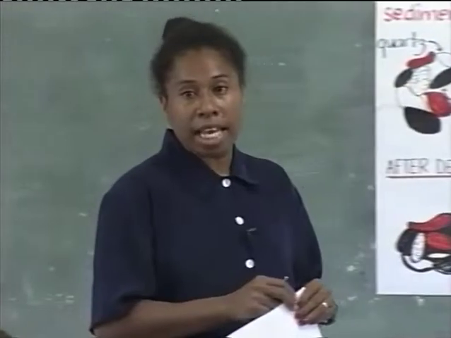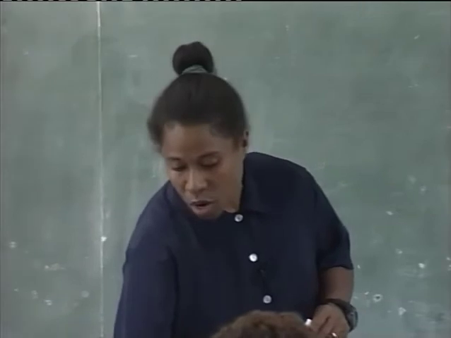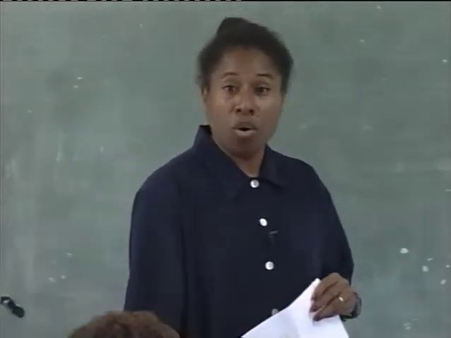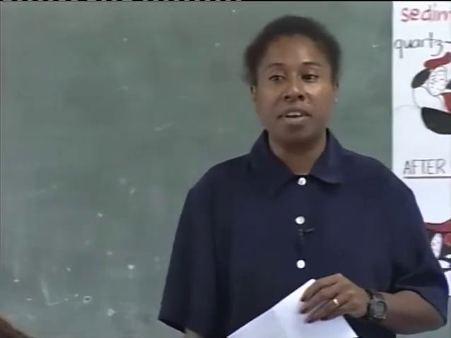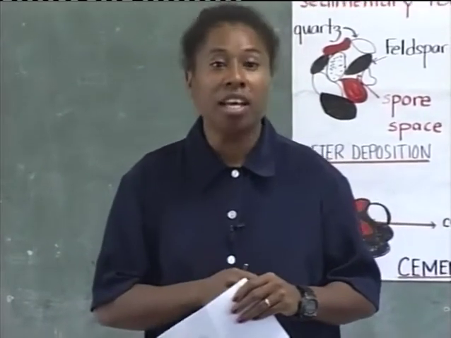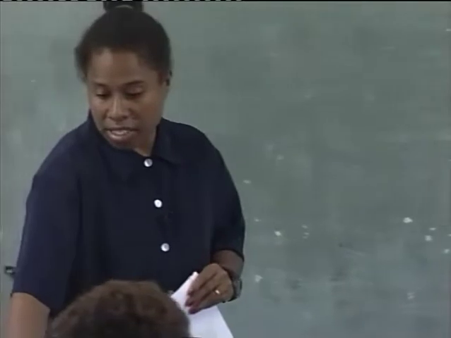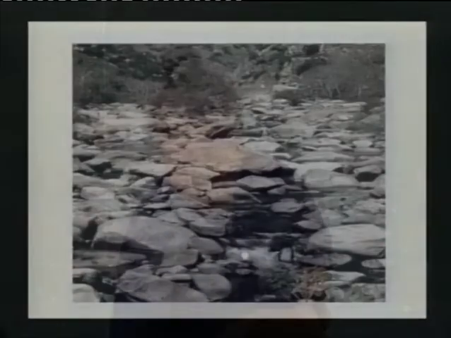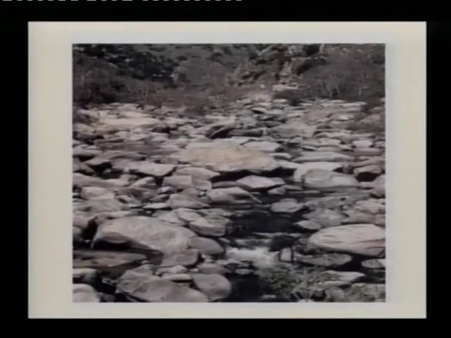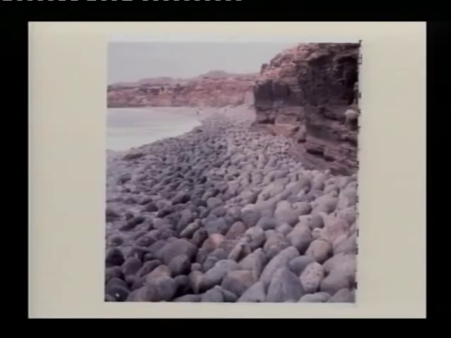We also looked at how we can classify or identify the different sediments according to grain size. The first photograph showed sediments along a river bed, and the second showed examples of sediments along the coastline.